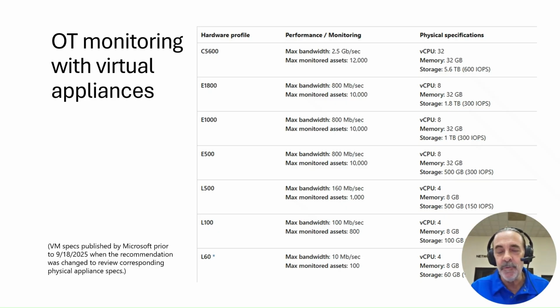You have to cable one or more of the physical NICs of the hosts to the span ports, and so it requires a little careful configuration of the networking of the hosts, but it's absolutely supported virtual as well as physical, and you can have a mix of them in your environment. You either buy the right size pre-configured appliance from Dell or HP, you buy an appropriately sized hardware device of your own and install the image, or you deploy a VMware or a Hyper-V guest and deploy the image. Those are really the 3 paths to creating a sensor that you can then physically place near your OT assets and cable up as needed.